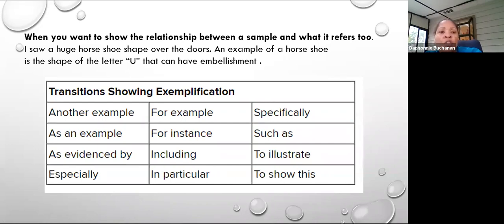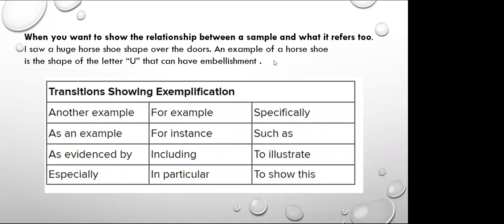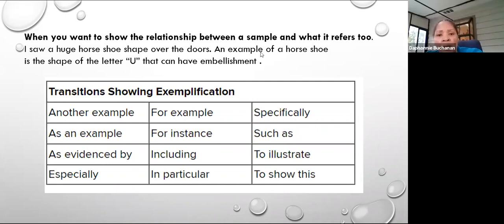For example, a horseshoe is the shape of the letter U. So when we use that for example here, you don't have to use that comma. An example of it, we don't really use the for. An example is the horseshoe is the shape of a letter U. So it's just another way of showing the example, but it doesn't use that for example. It's written in a different way.